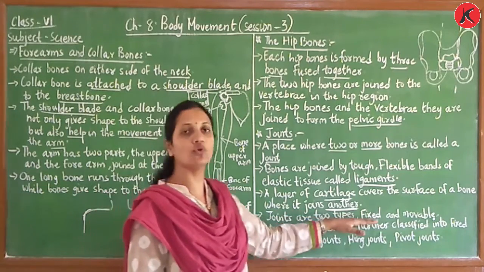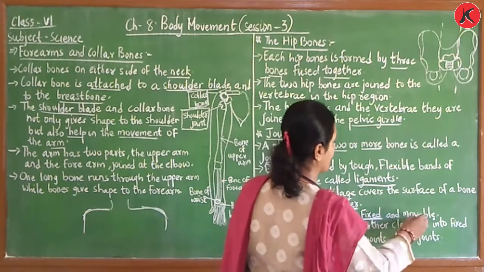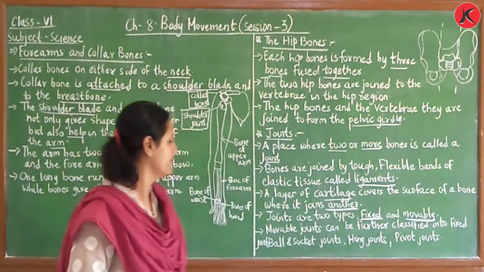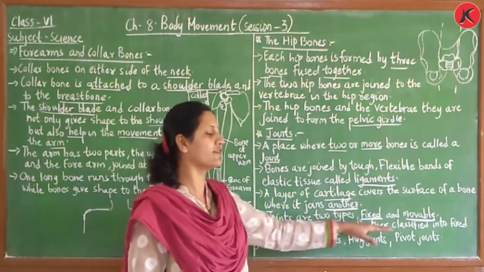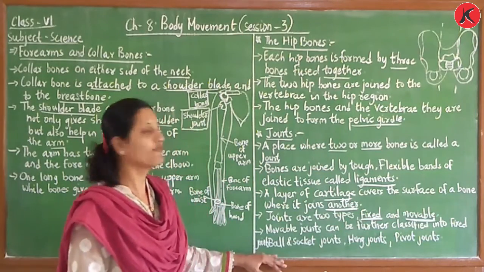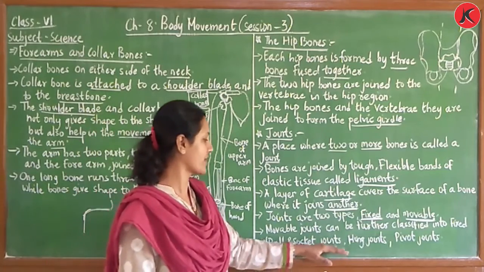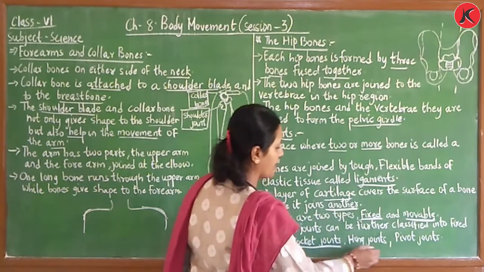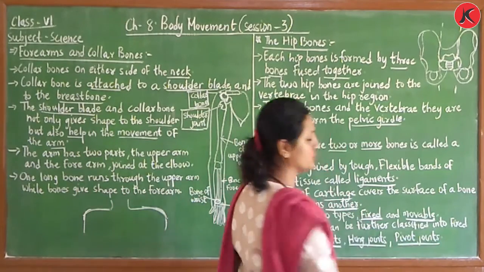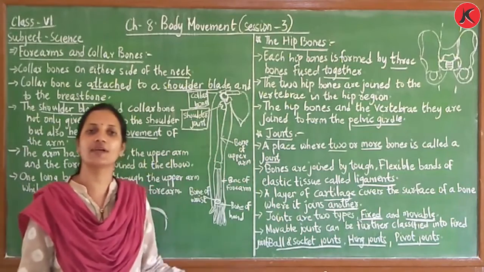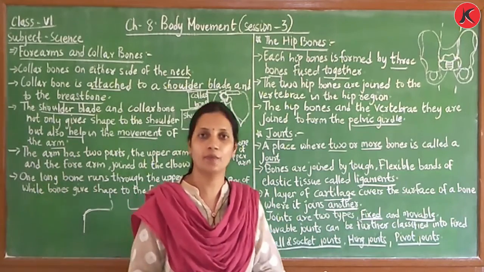Joints are of two types. One is fixed and the second is movable. Movable joints can be further classified into ball and socket joints, hinge joints and pivot joints. All these joints are present in our body.